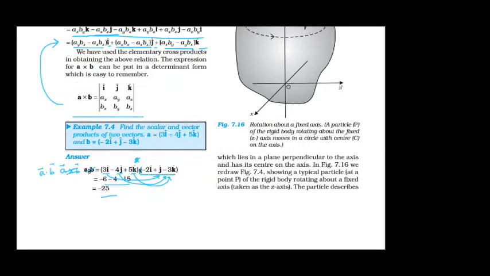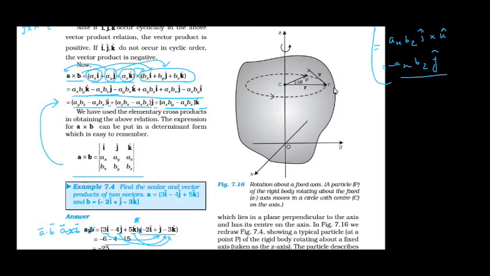So we have redrawn the figure, and we have drawn only one circle here. This particle P is rotating in a circular form in this direction.